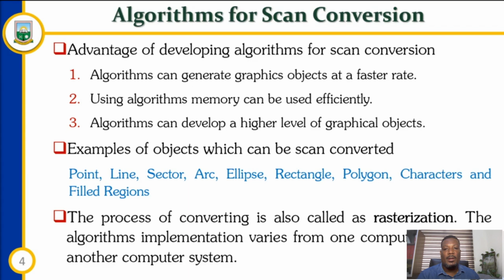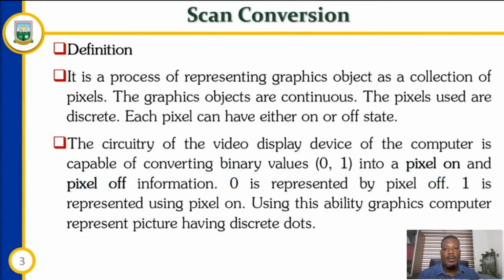Now, there are examples of objects that can be scan converted. An example can be a point, line, sector, arc, polygons, rectangle, and the characters that we have. You should bear in mind that the definition of scan conversion, as we said, is the process of representing continuous graphic objects as a collection of discrete pixels.